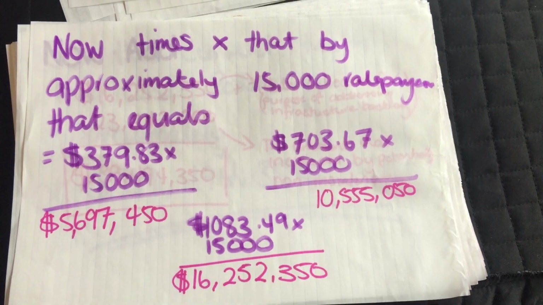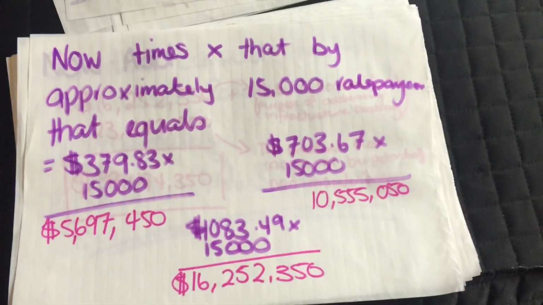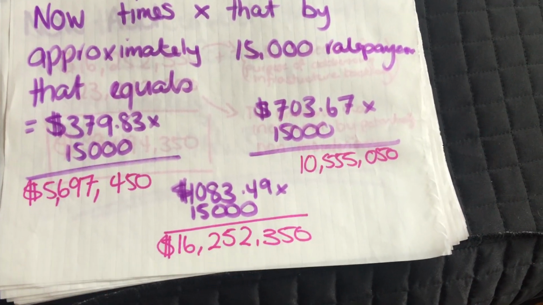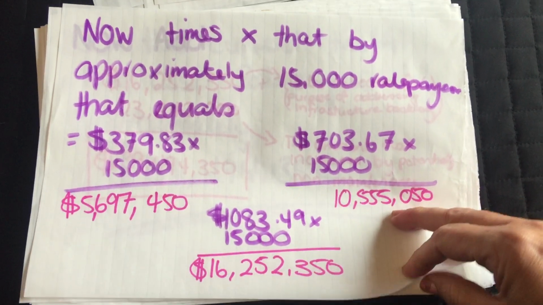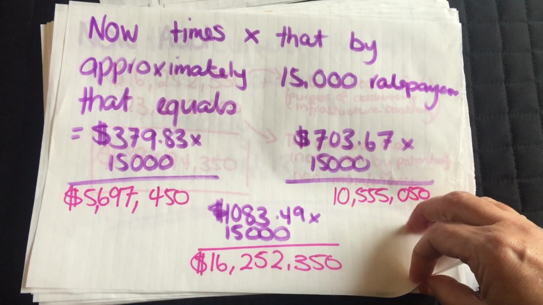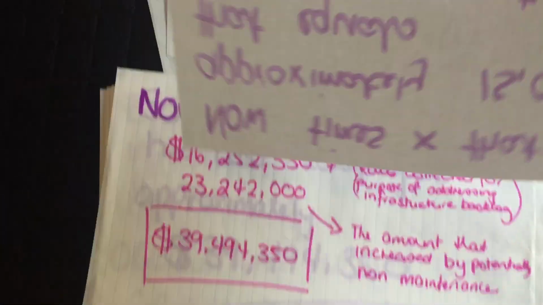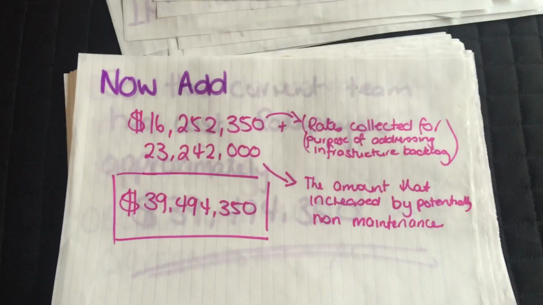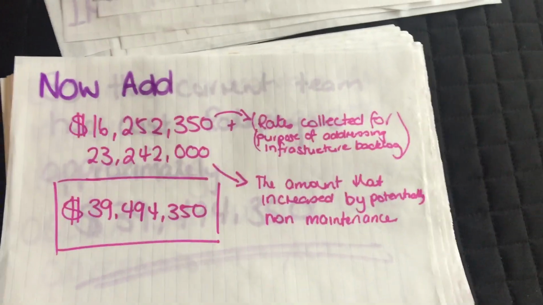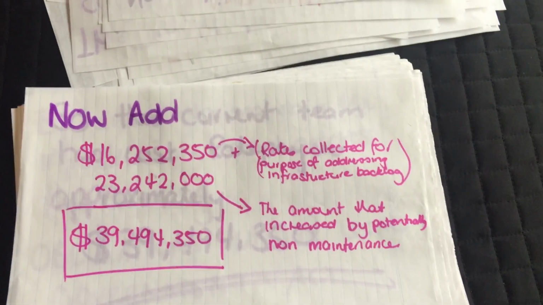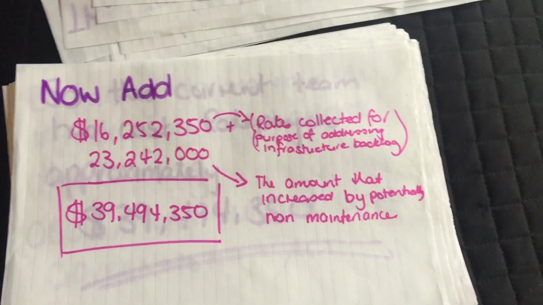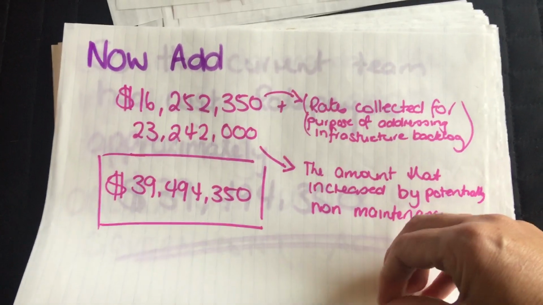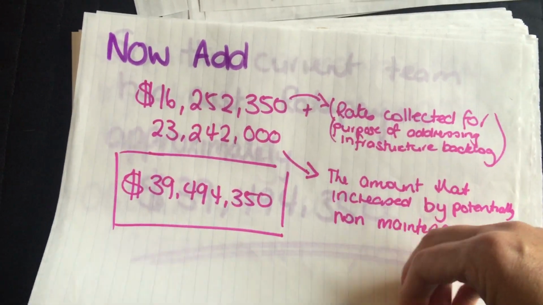Now, if we add to that the additional 50.72, which will generate $10,555,050 approximately, combine that together, that'd be $16,252,350. Again, approximately. Now add those two together, okay, and you get $39,494,350, which is what should have been used for maintenance and backlog, and which doesn't appear to have been used.